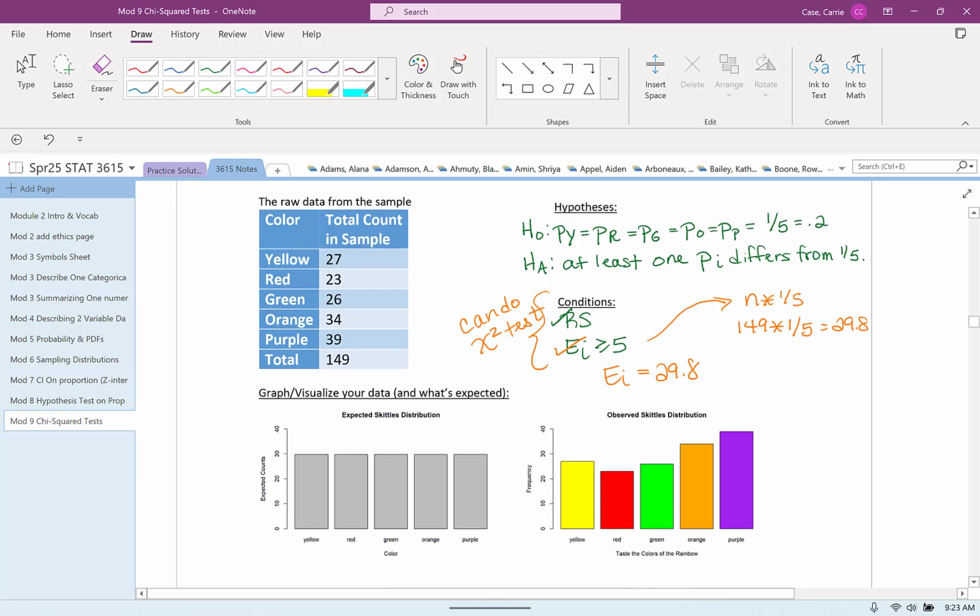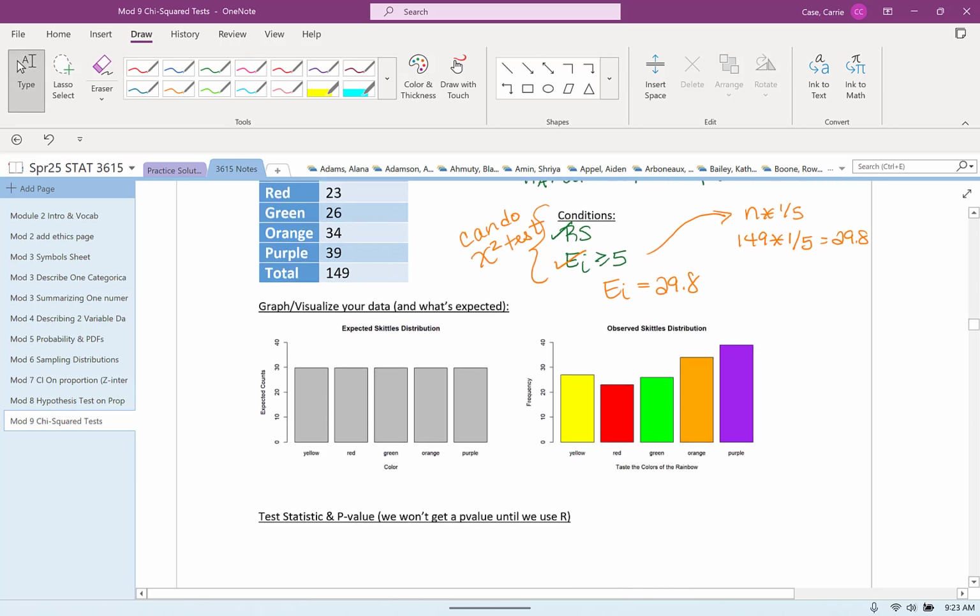All right, so if we were going to graph this data, and I'll show you how to do it in a little bit when we get into R, we would graph our expected counts for each of the colors. Our expected counts were 29.8, so I just put that into R as a variable for each color. And so I did a column of data of 29.8, 29.8, and so forth and so on.